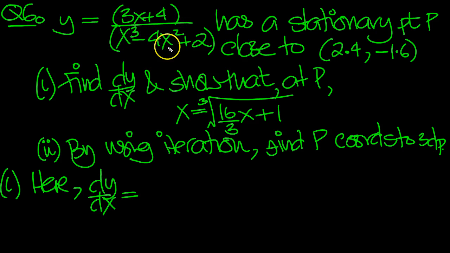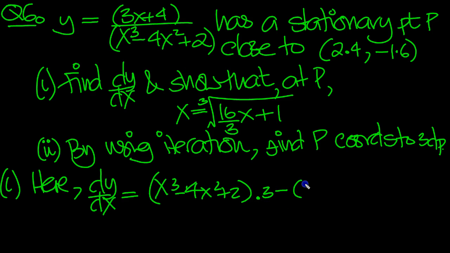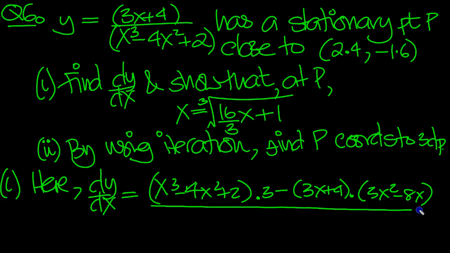So it's v du/dx, which is 3, minus u, more than one term, put a bracket, times dv/dx, so 3x squared, more than one term of course, put a bracket, minus 8x, and the constant goes to nothing. So that's v du minus u dv, all over v squared, this object squared. Okay, that's dy/dx then.